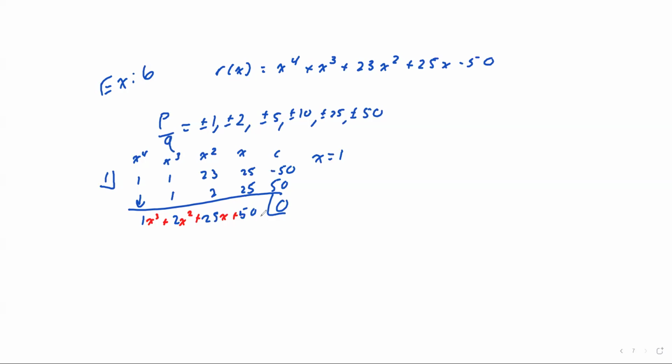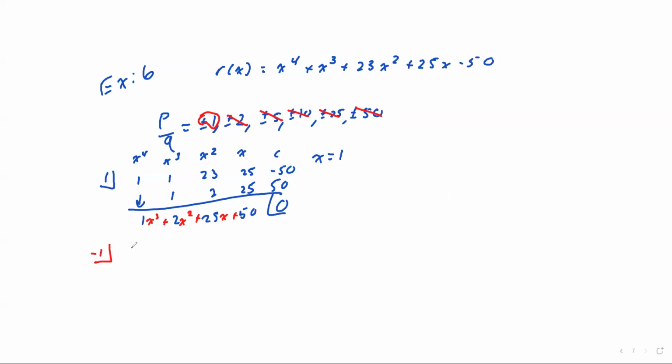So that tells me that that is an upper bound, which is great news because I can now eliminate positive 2, positive 5, positive 10, positive 25, and positive 50. So 1 was correct. I was trying to think, do I want to go 2? Do I want to go negative 1? But this is all positive, because you always want to see if you can pull some information from it. So I'm going to go negative 1.